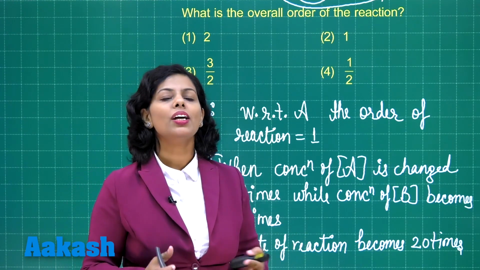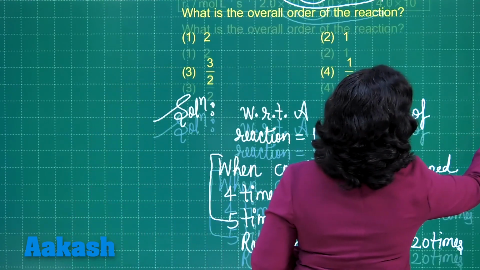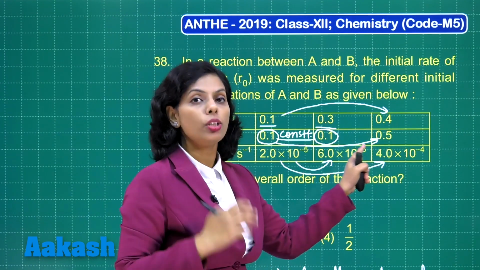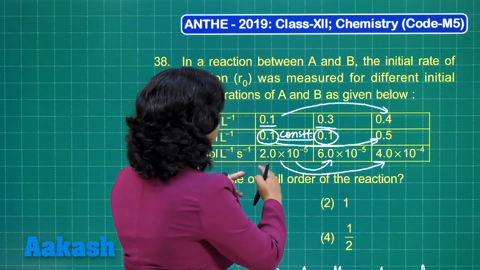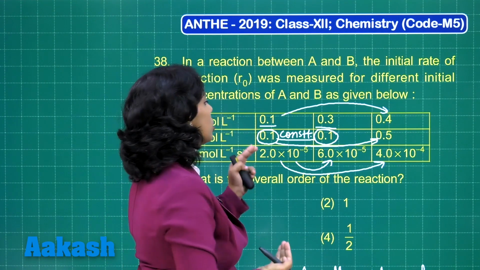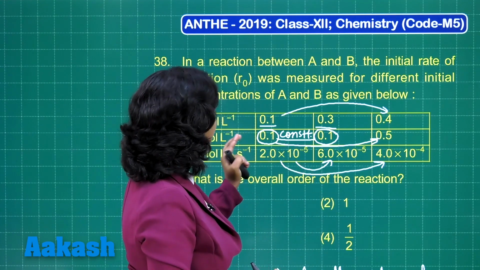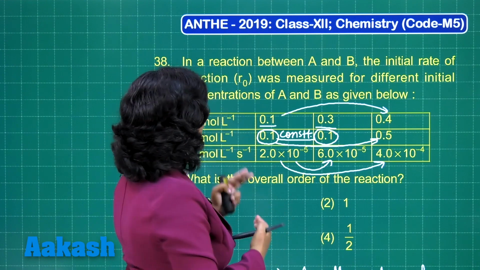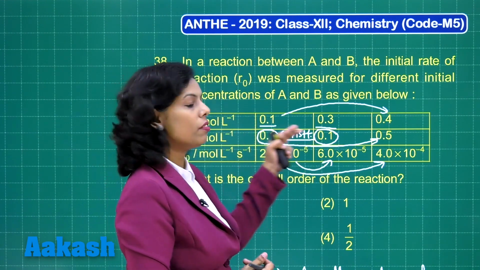So definitely with respect to B, as you were changing the concentration of B from 0.1 to 0.5, you are raising it 5 times, then the rate of the reaction with respect to B is also changed 5 times. That is 4 times with respect to A and 5 times with respect to B when you were changing the concentration of A 4 times and the concentration of B 5 times.